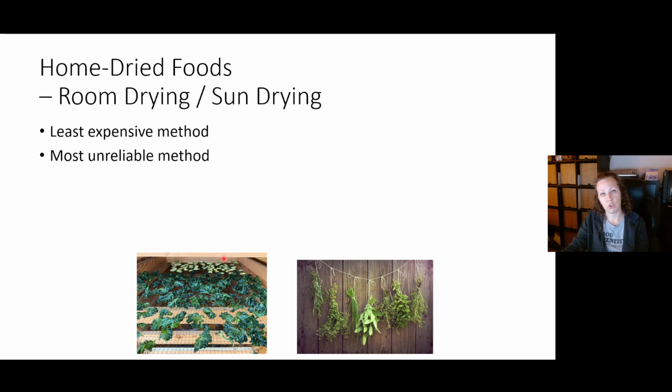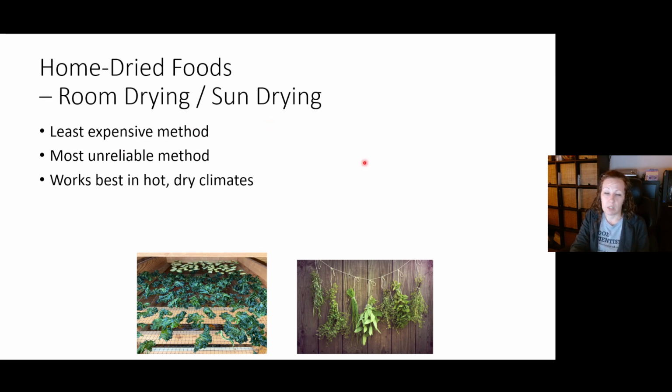If you have a humid day, even inside your house, it's not going to be as dry as is ideal. And so it can take longer to dehydrate the foods on certain days than others. And especially in the South, or if you are near a river valley or something, if it is really humid, you're never going to get some foods dry enough for this to be effective.